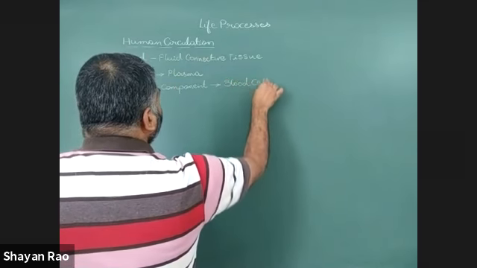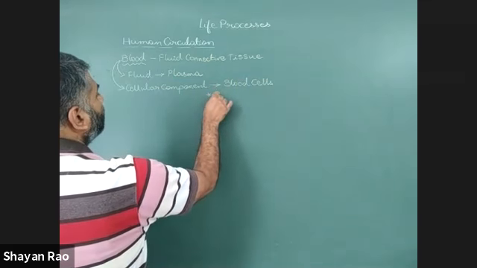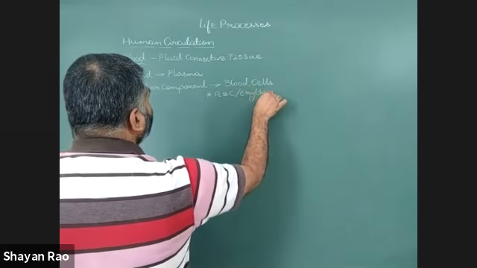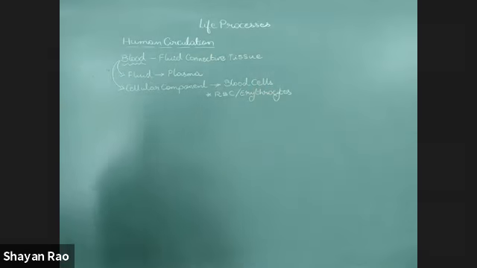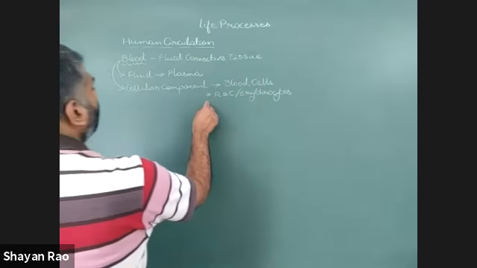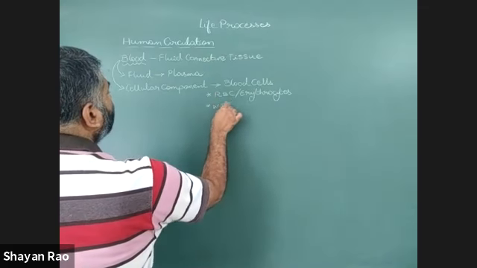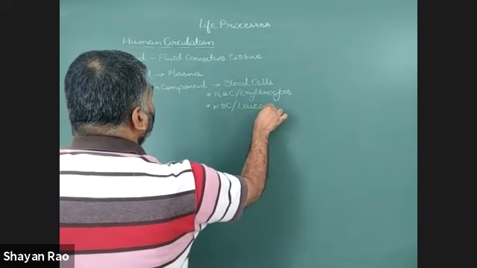So which are the blood cells? We have different types of blood cells. We have RBC, also called erythrocytes. Second, we have the blood cell called WBC, also called leukocytes.